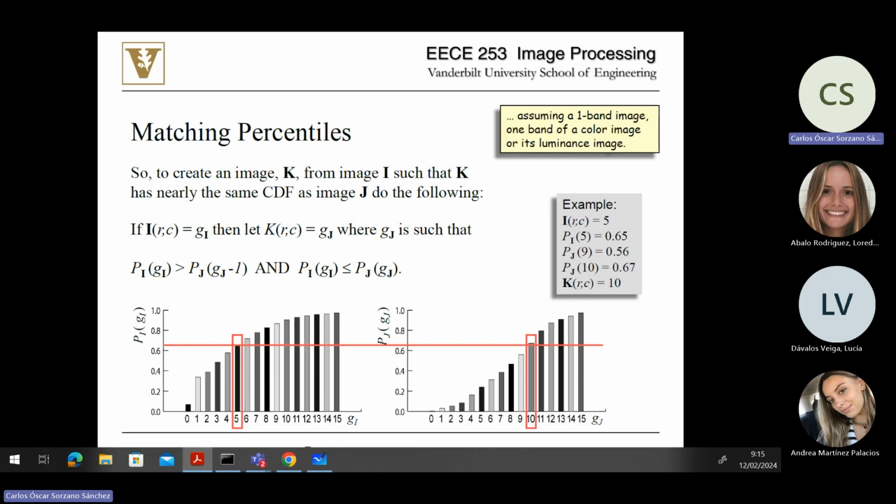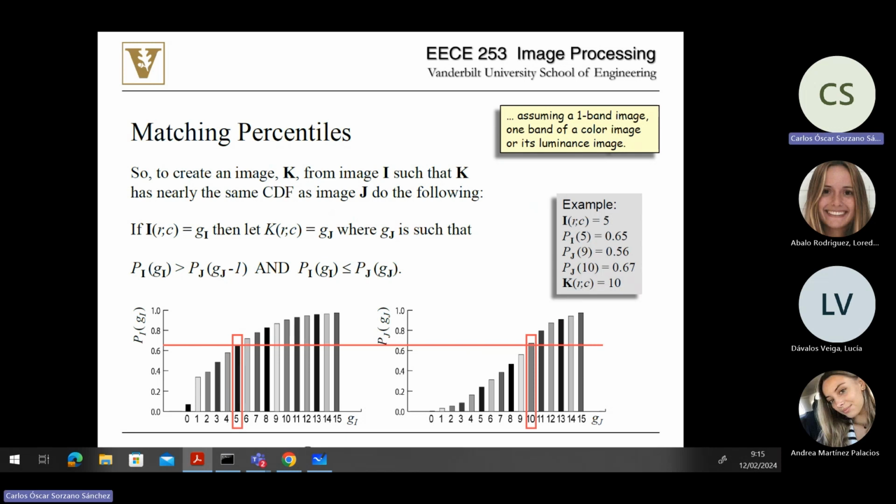And then I want to transform the input value 5. So in my left image, I have a value 5. What should be the output? I will do the following. What is the probability of being smaller or equal to 5? In image I, that is 0.65, let's say.